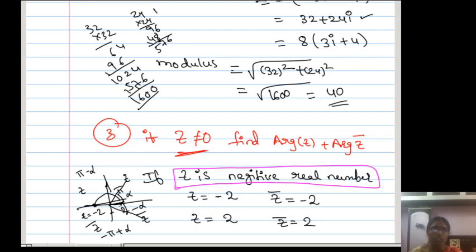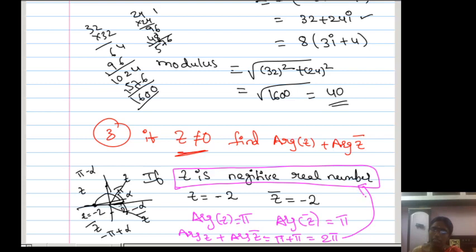First we discuss this: if z is a negative real number, then the argument of z is pi, and the argument of z bar is also pi, because for a real number the conjugate is itself. So the argument of z plus the argument of z bar is pi plus pi, you are getting 2 pi.